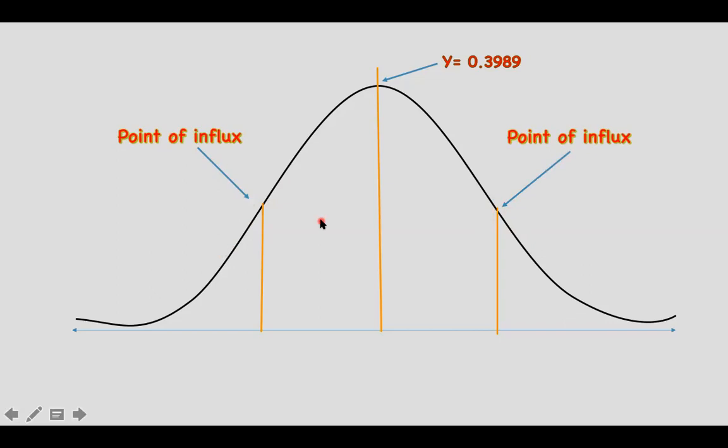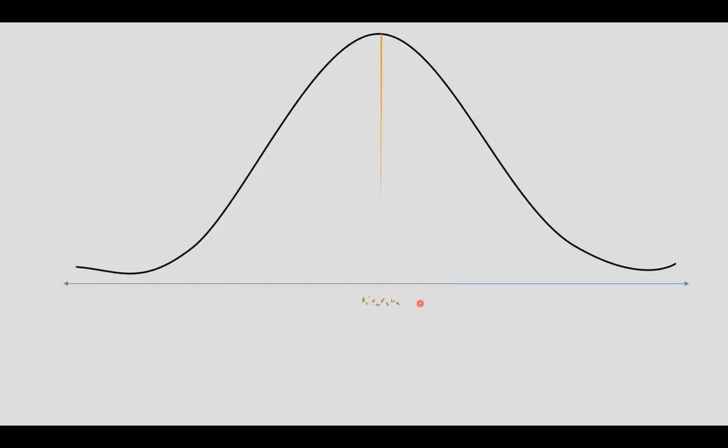Then we have how much area there is. We know that it's not equal to 100%, but it's approaching 100%. But how much area lies from a particular point to a particular point? Let us check: this is the point of inflexion, and how much area lies from this point of inflexion to this point of inflexion?